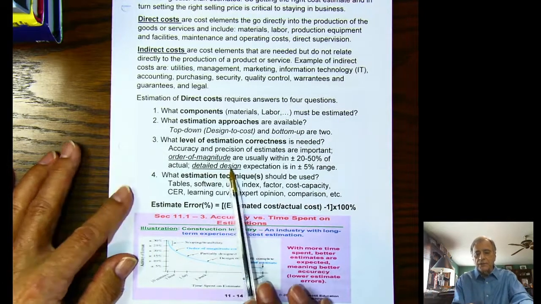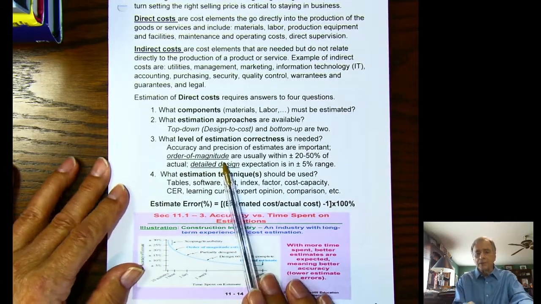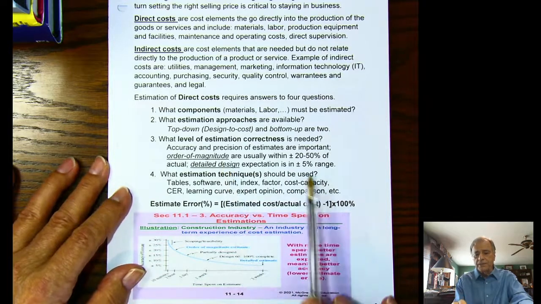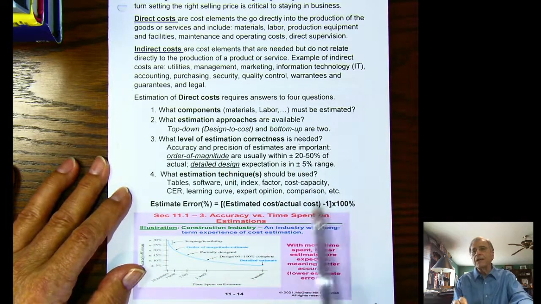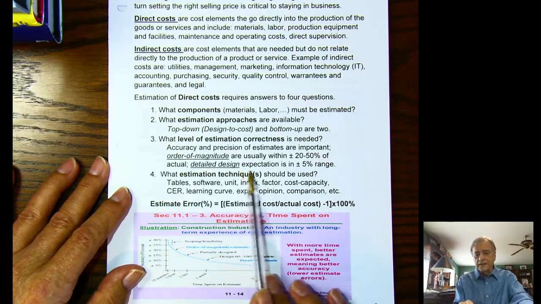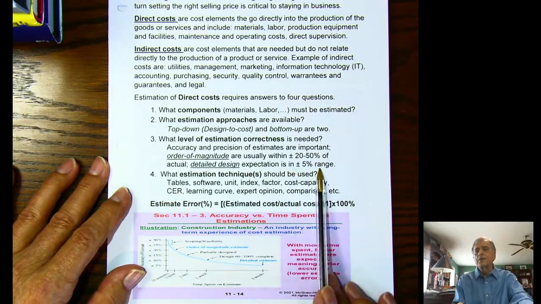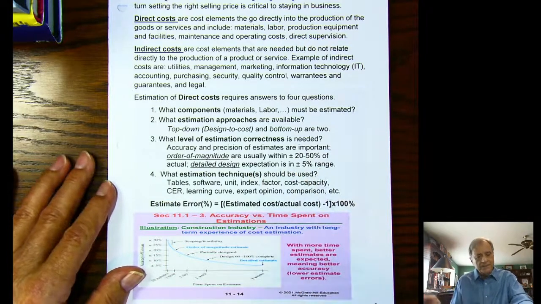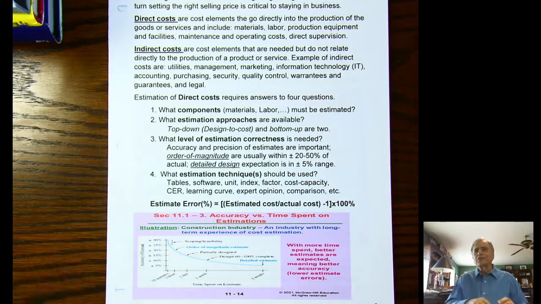And the author talks about order of magnitude estimates. That'd be 20 to 50% error, possibly. And then detailed design cost estimates, plus or minus 5% range. Of course, that's relative to what you're estimating.